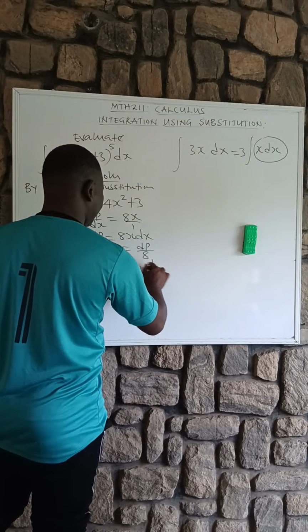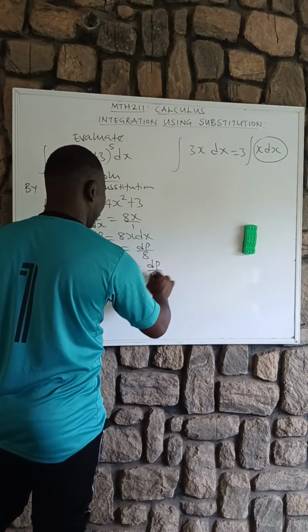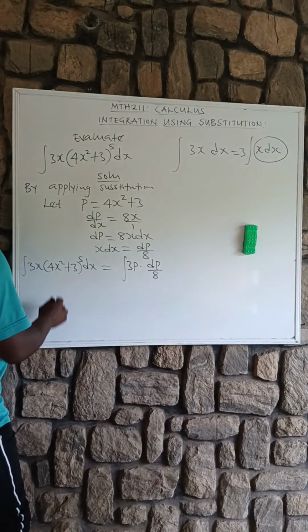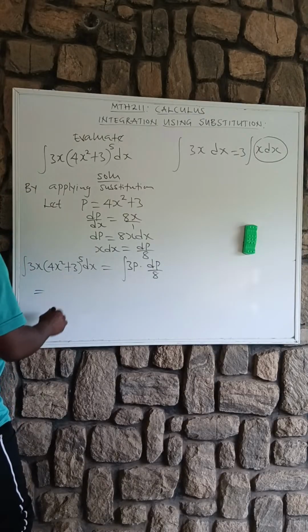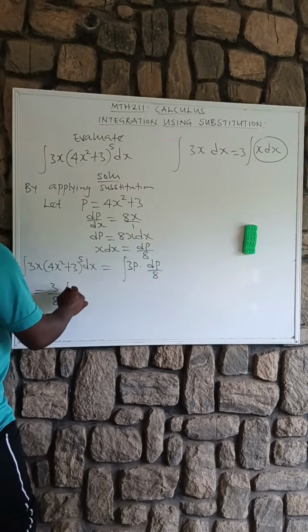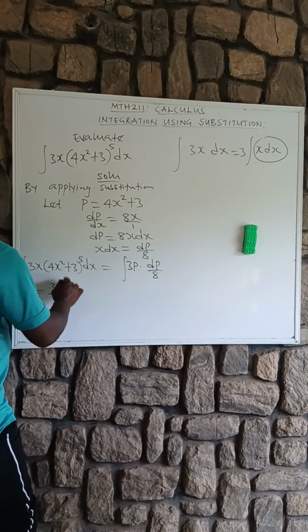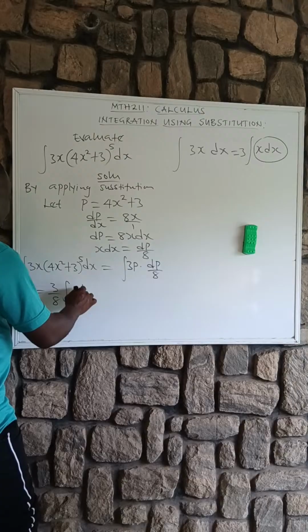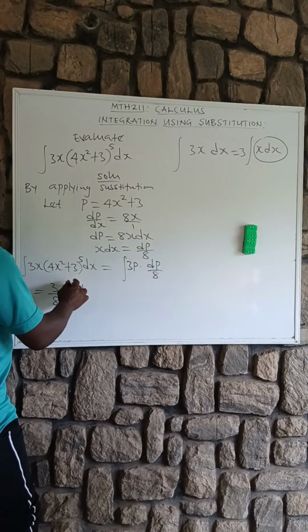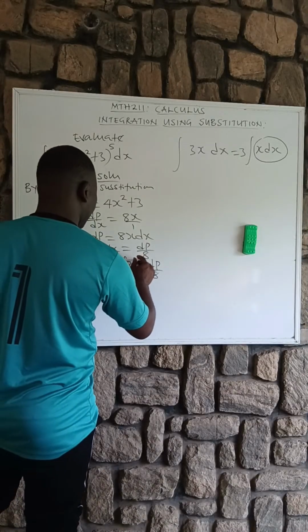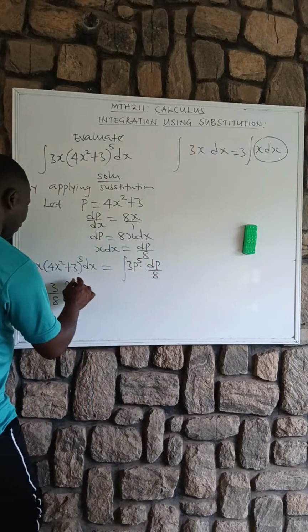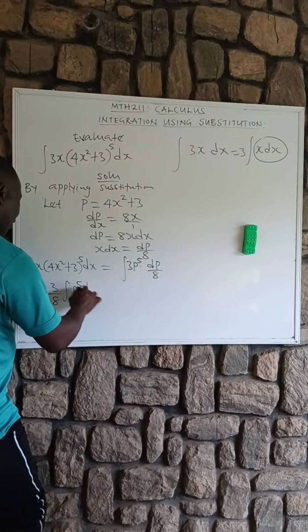So here will be dp all over 8. So it means 3 all over 8 is a constant. We factor it out. 3 all over 8, open bracket, integral p, but this carries what? This bracket carries the power 5. So we should not forget the power of p.